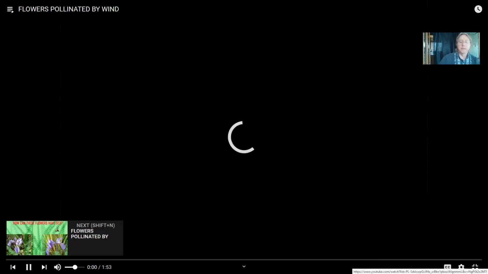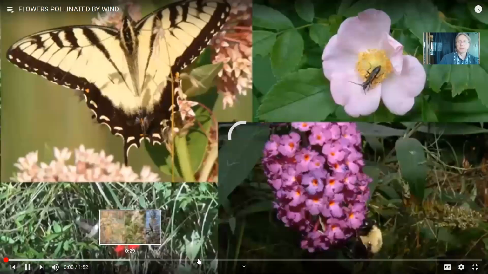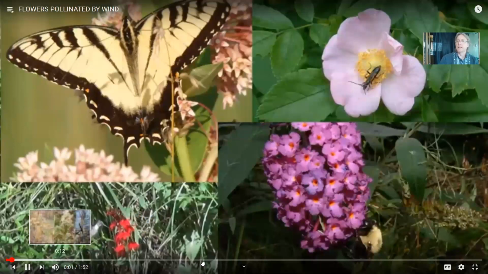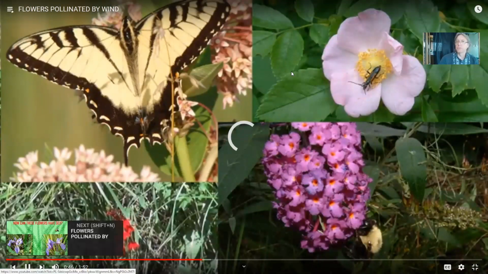Some are pollinated by wind, and thus don't have those obvious flowers that I had said, while others are pollinated by animals and then have a variety of adaptations to attract the animals.